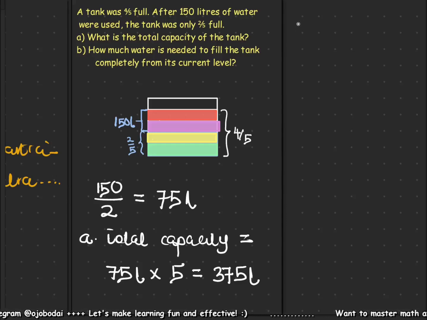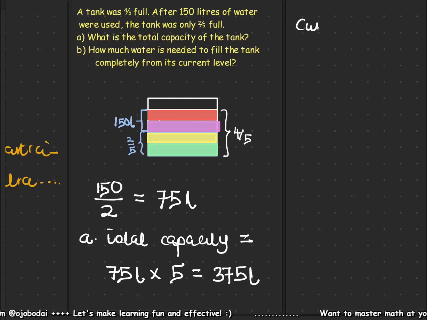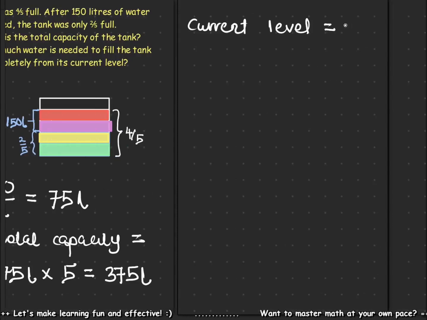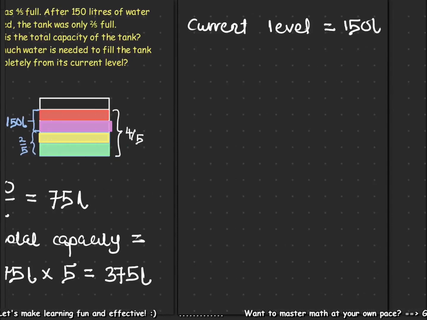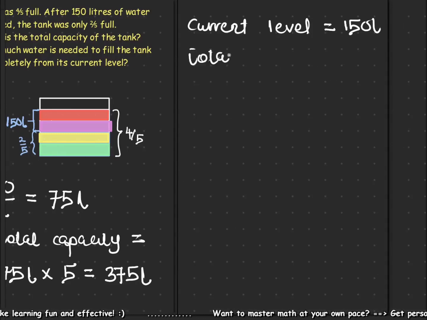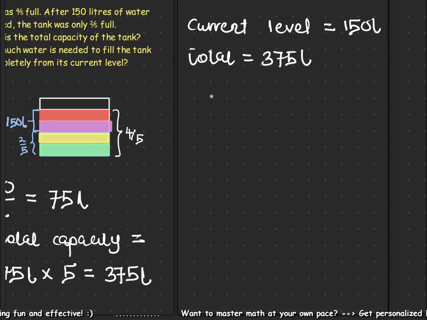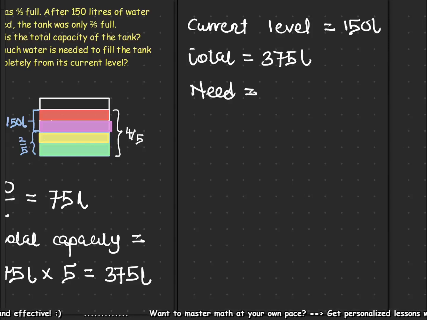So the current level of the tank is 150. So we know that the current level is equal to what? 150 liters. And we know the total is what? 375 liters. So how much water is needed is going to be what?